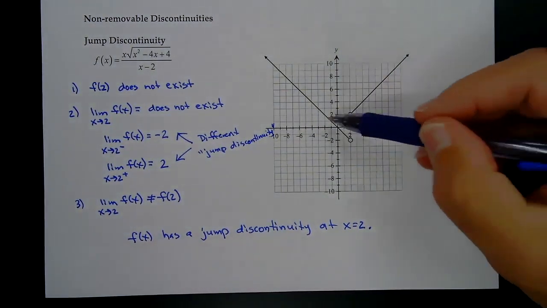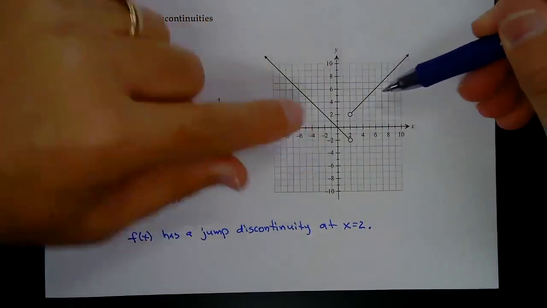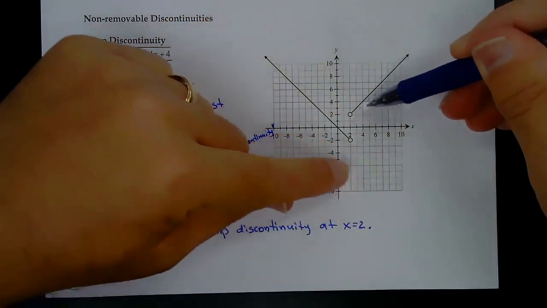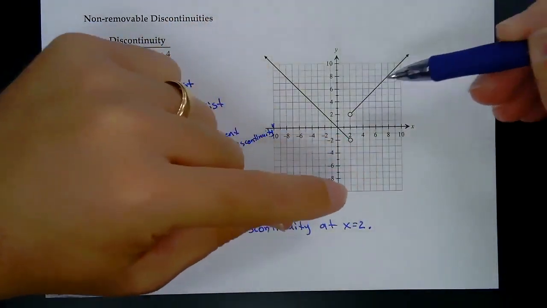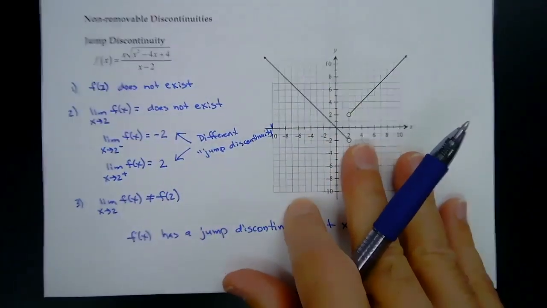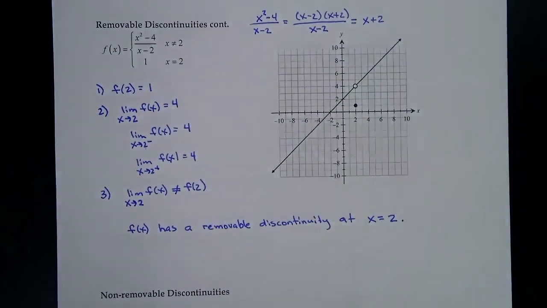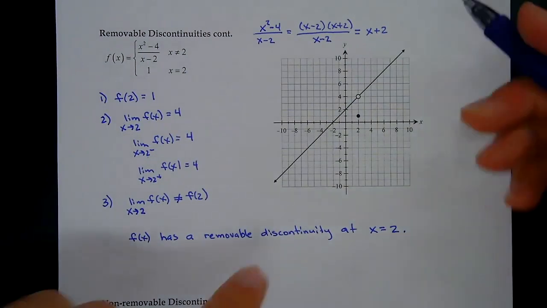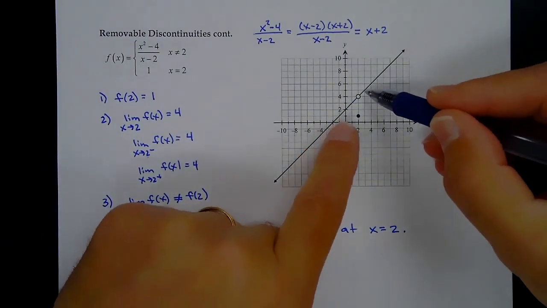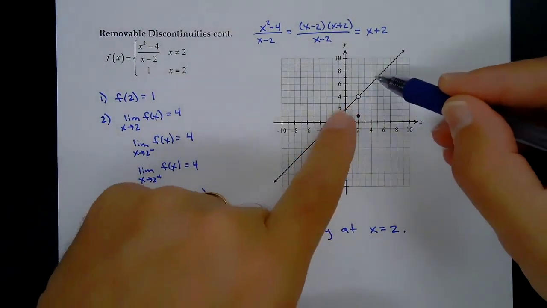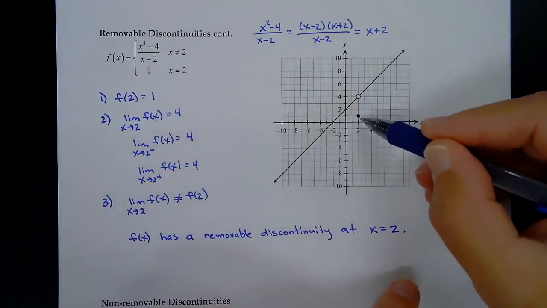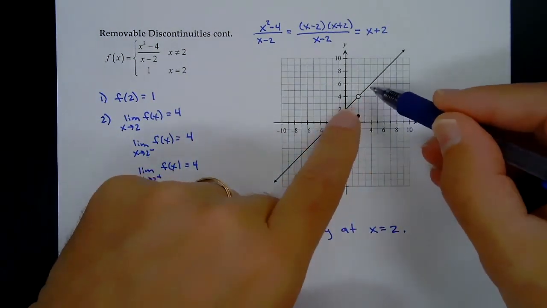So you see the difference is, as you approach 2 from either side, you're approaching 2 different values, right? That's what's causing the jump discontinuity. Whereas this one above, sorry if that makes you dizzy, as we approach 2, they're not different, right? So there's not this jump. I know the function value's down here, but that's not a jump, okay?